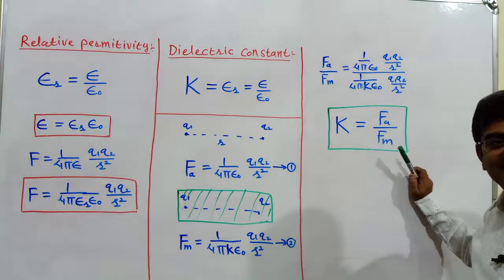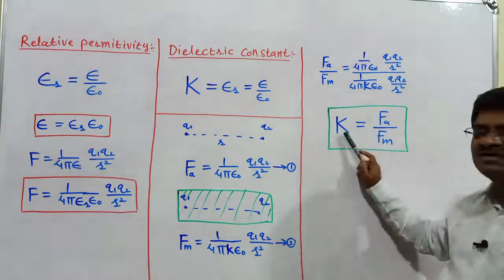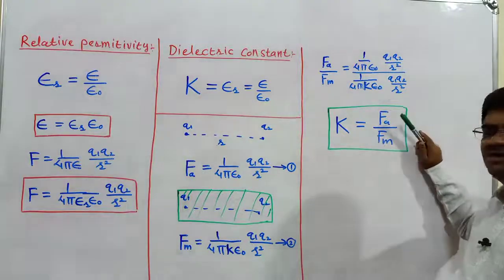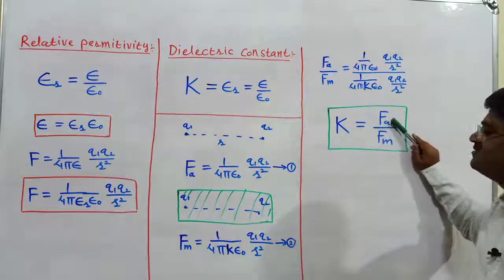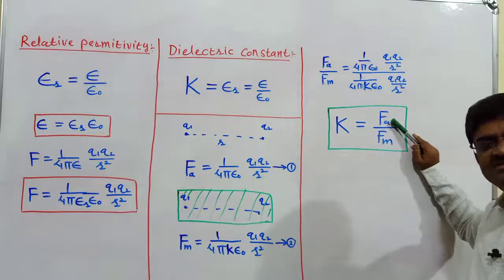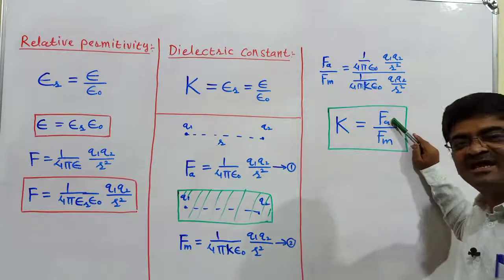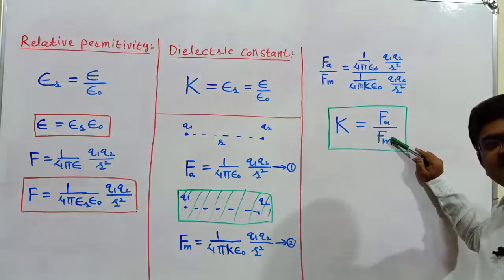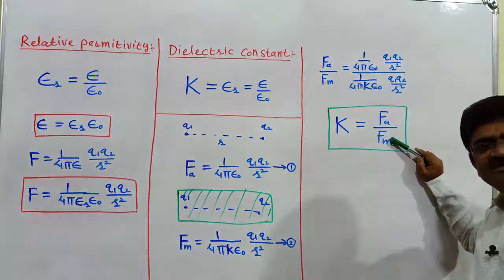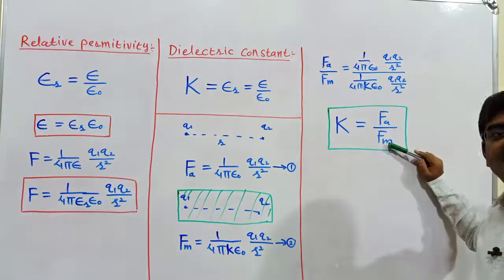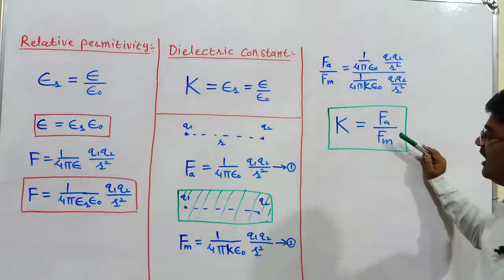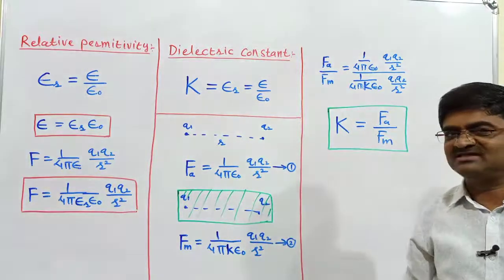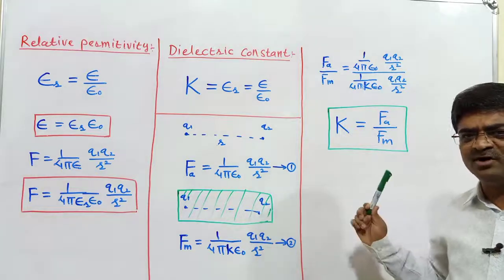I repeat, the dielectric constant of the given media is equal to the force between two charges placed at a given separation in air to that of the force between the same two charges placed at the same separation in the given media. So this is how I can get the value of the dielectric constant, or relative permittivity, you can say. Hope you got this.